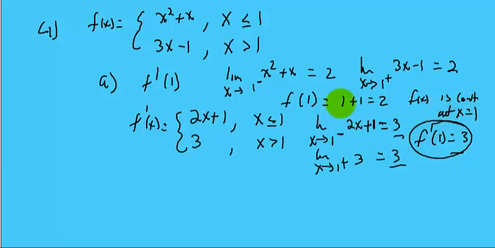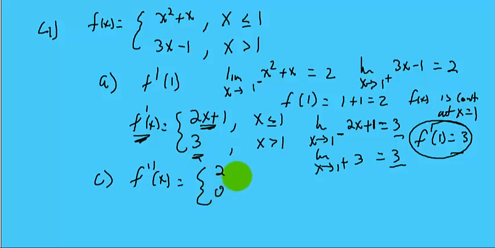Part B. Find f prime for all x. We already did that, didn't we? Here it is. Part C. Show that f is not twice differentiable. What does f is not twice differentiable mean? Second derivative. So we're going to take a second derivative, f double prime of x of this piecewise function. What's the derivative of that? 2. What's the derivative of that? 0.